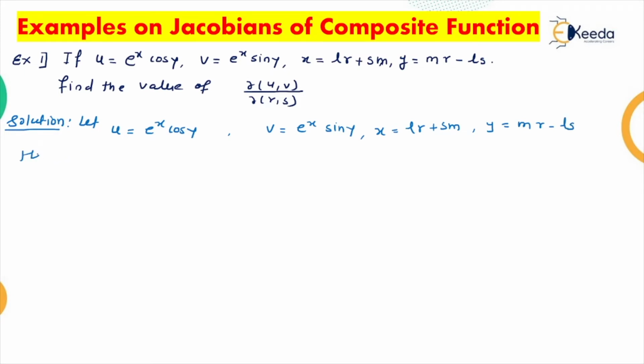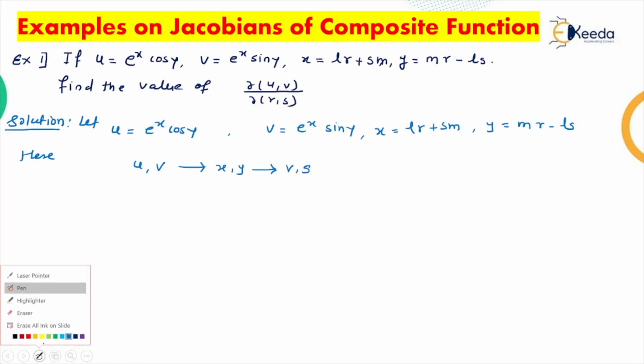Here u and v are the functions of x and y, and x and y are the functions of r and s. I am showing this using a graphical diagram.